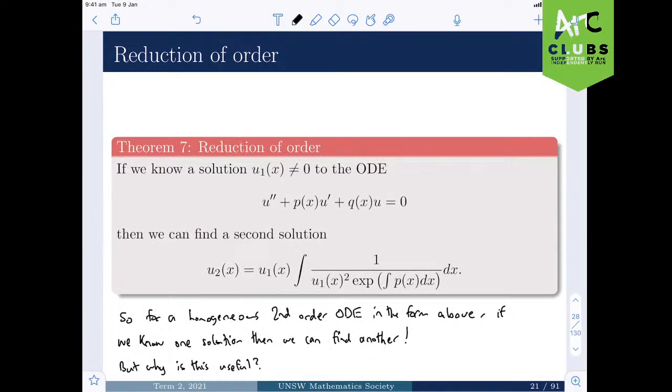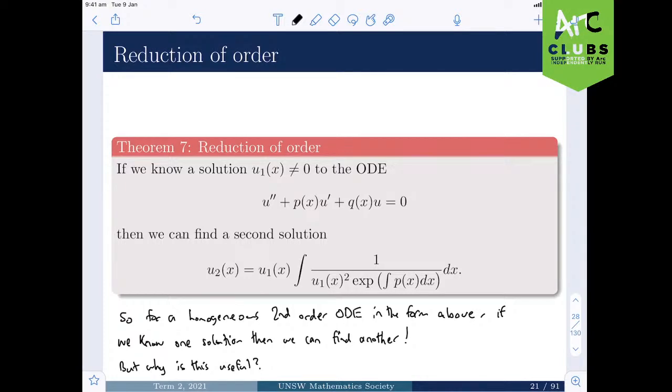Okay, not going to lie, I don't really like the topic of Wronskians that much, so I'm just going to skip over it quickly. I feel like this next one is more useful. Reduction of order is a method of finding a second linearly independent solution to a homogeneous second order differential equation, given that we already know one.